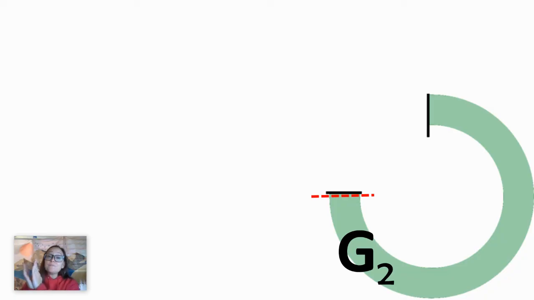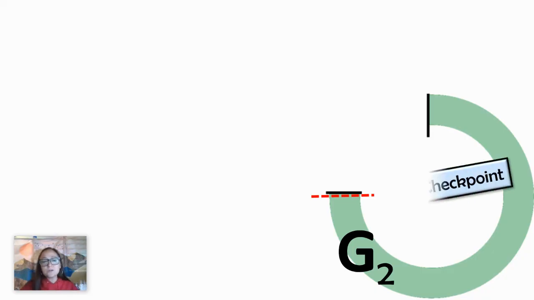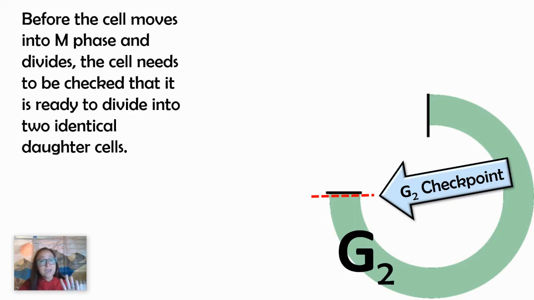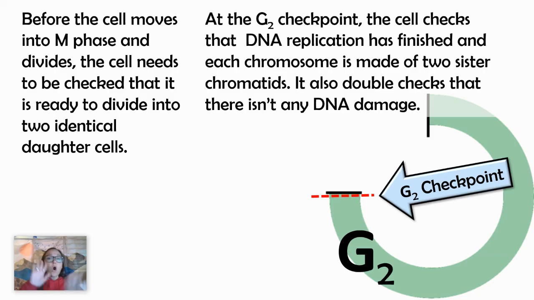And then during M phase, we will divide them so each cell gets a copy. So in G2, it's really important at this G2 checkpoint that we check, did the cell finish replication? Did all of the DNA get copied? Do we all have 46 duplicated chromosomes?